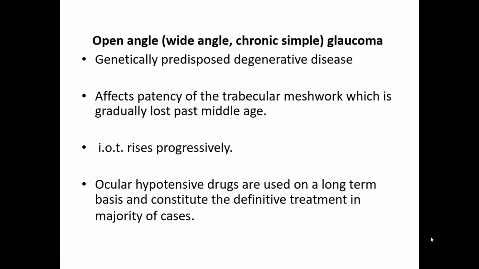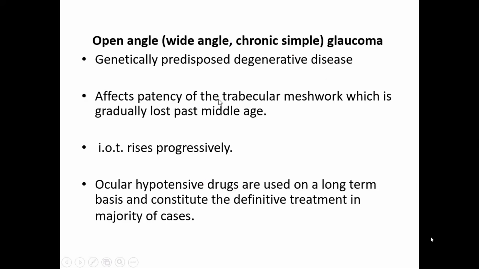So now going towards each of these glaucomas and the treatment of each type. The first one is open angle glaucoma, which is also known as wide angle chronic simple glaucoma, and it is a genetically predisposed degenerative disease. So it occurs with increasing age, and it is also genetically predisposed.